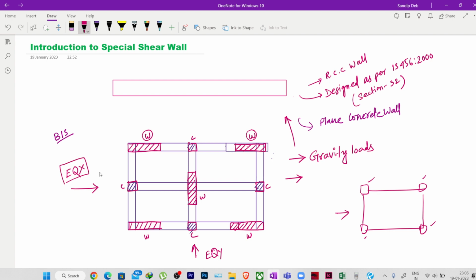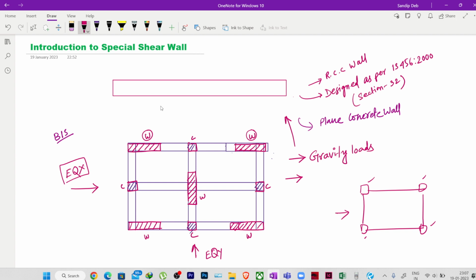So that means these walls are part of our lateral load resisting system. Including the columns, these walls are also taking the lateral forces.